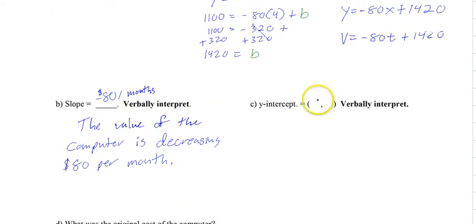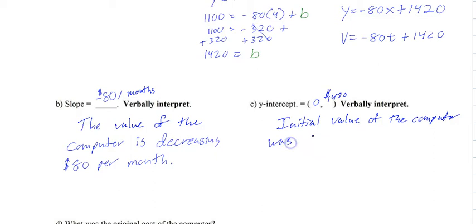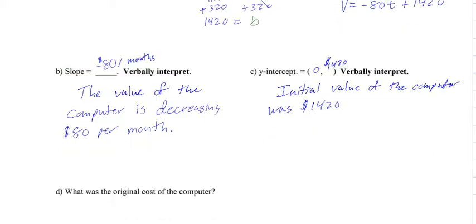And then the y-intercept is 1420. Again, the whole problem is about the value, so that number is dollars. So the initial value, you can even say purchase price of the computer, was 1420. That's it, because it's initial, so you write initial.